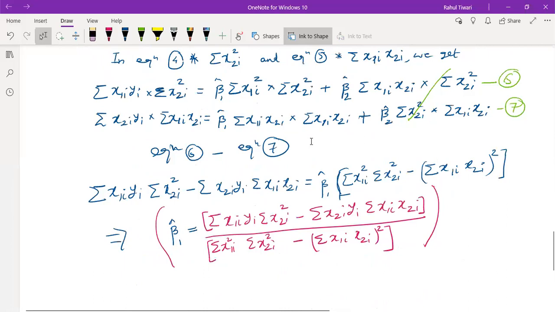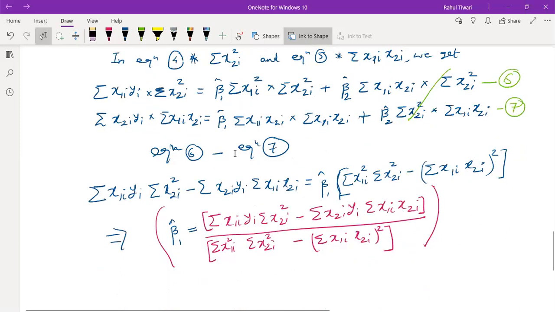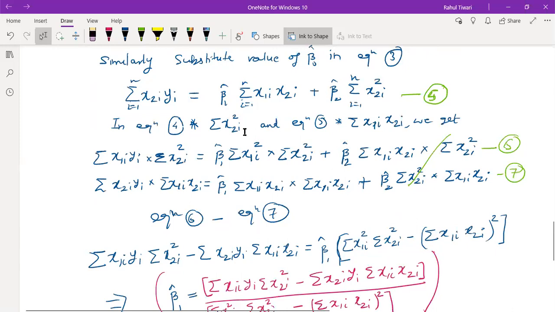Now if you want to get beta 2, what simplification are we going to do? Can you tell me anything? Anybody? You have multiplied equation number 4 by this quantity, right? Now you multiply equation number 4 by the other quantity, which means reverse multiplication.